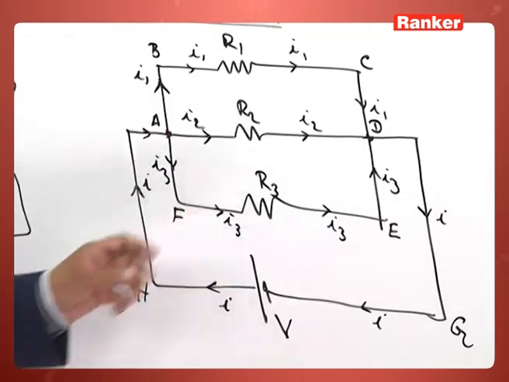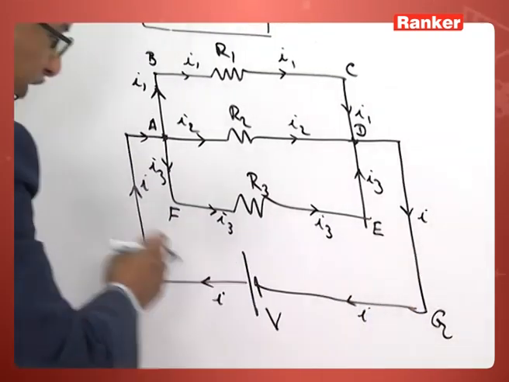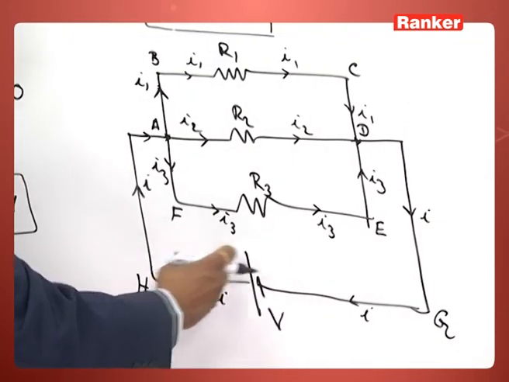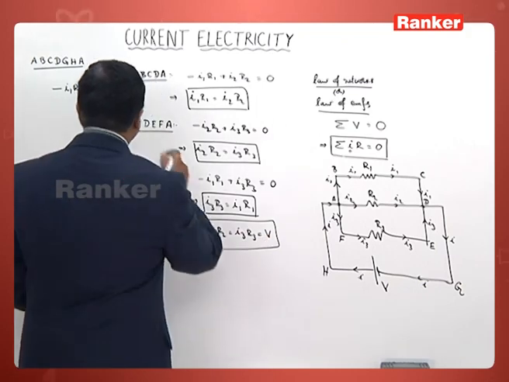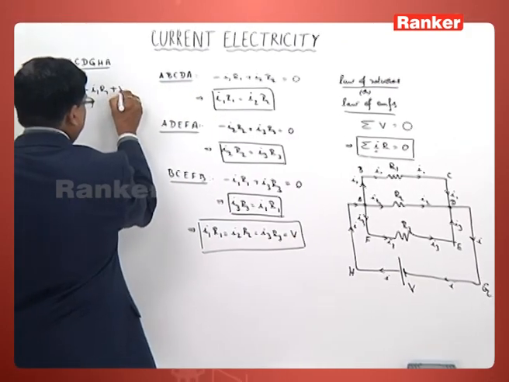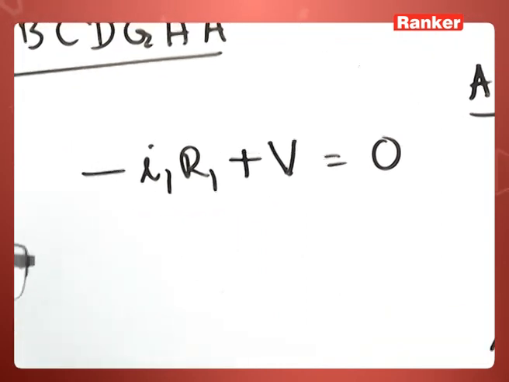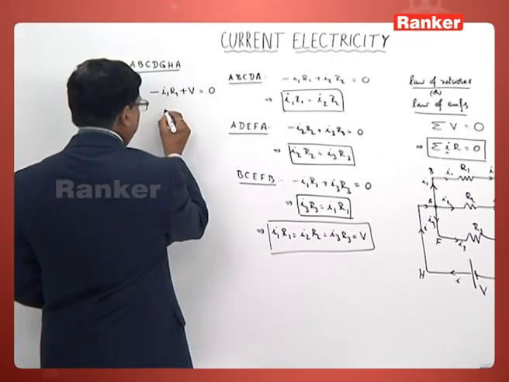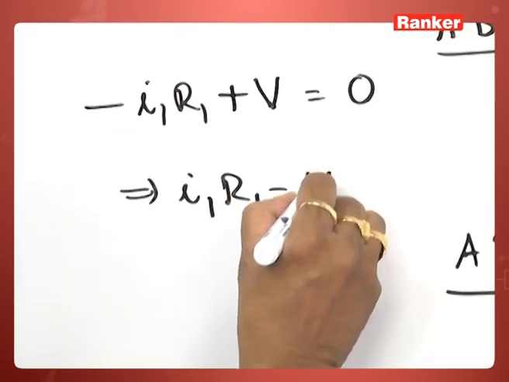Here I am crossing from G to H, that means from negative terminal to positive terminal. Therefore, we should write that one as V, and this sum must be 0 according to that law. So I can directly write I1 R1 is equal to V.